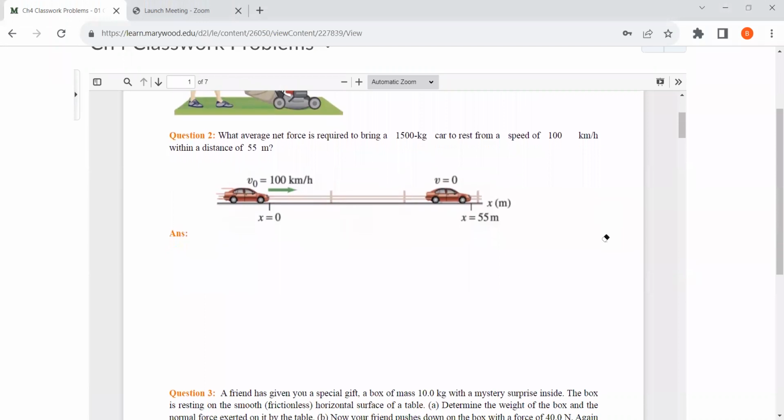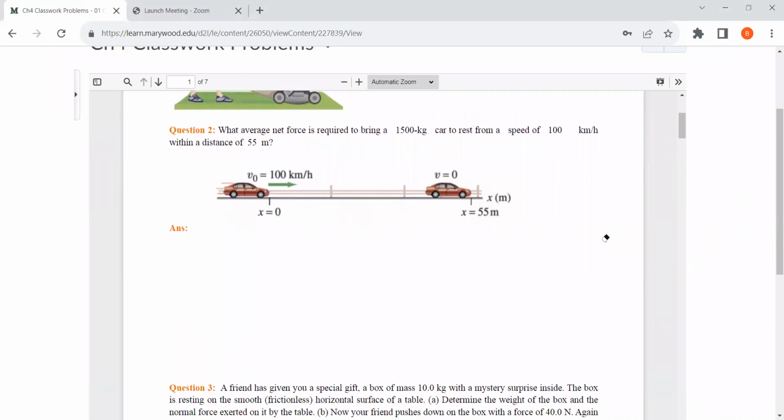So let's see what the second problem asks us to calculate. It says, what average net force is required to bring a 1500 kilogram car to rest from a speed of 100 kilometer per hour within a distance of 55 meter. The initial velocity is given, v0 is 100 kilometer per hour.